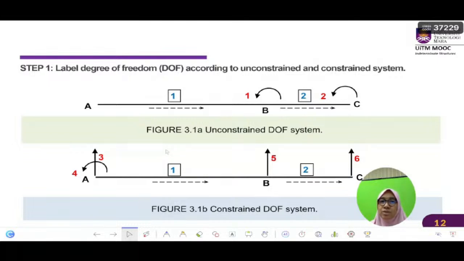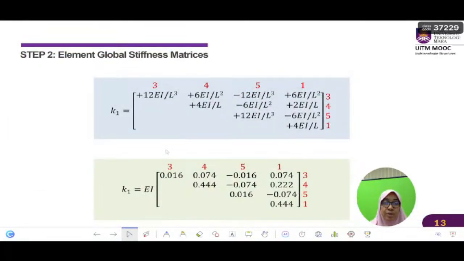Because in the unconstrained system, we need to calculate the unknown displacement, and unknown displacement is the first output. Using the displacement that we calculate, only then will we calculate the unknown reaction.